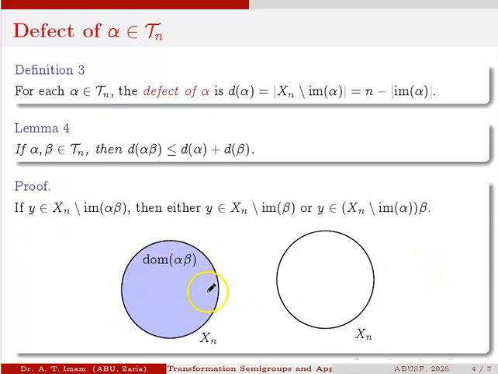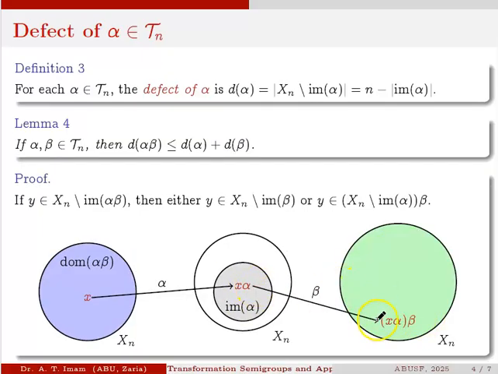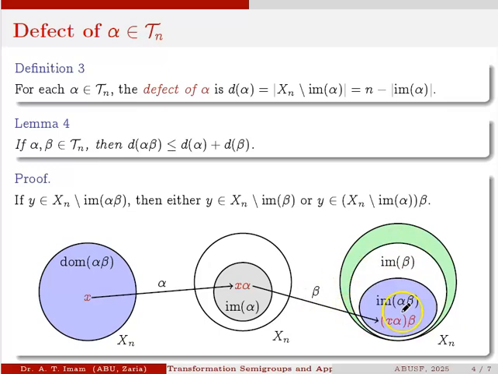If you have the domain of the product, since we are talking about full transformations, it will consist of the entire X_n. In the composite, alpha will first map an element of the domain to the image, which will eventually be mapped to the image here by beta. So x alpha will be mapped to the image here by beta, and the image of the product is always contained in the image of beta, as we have said earlier.